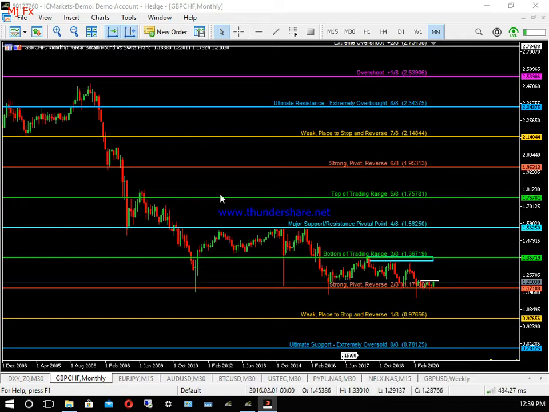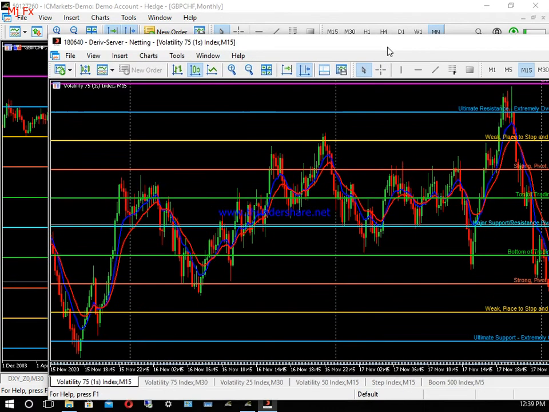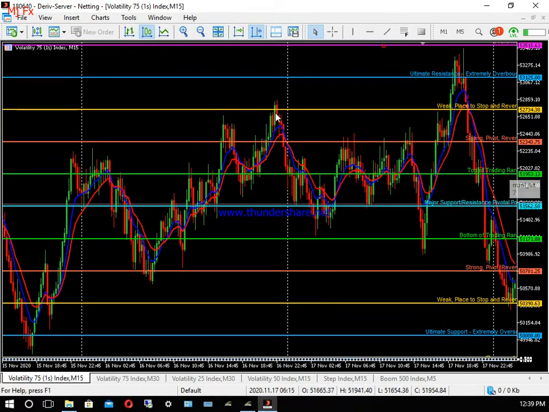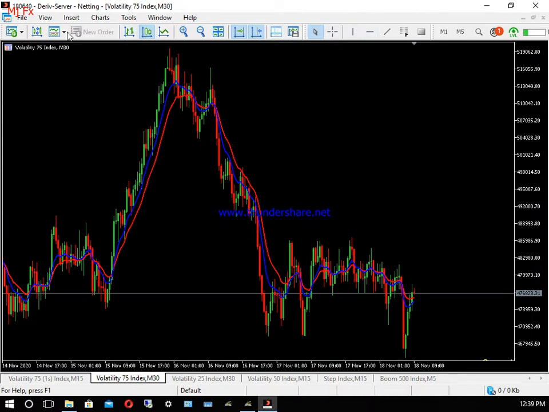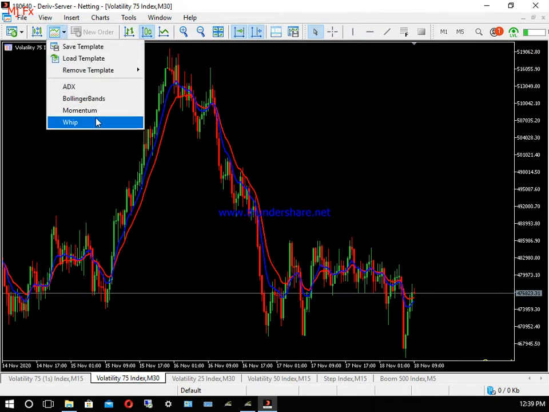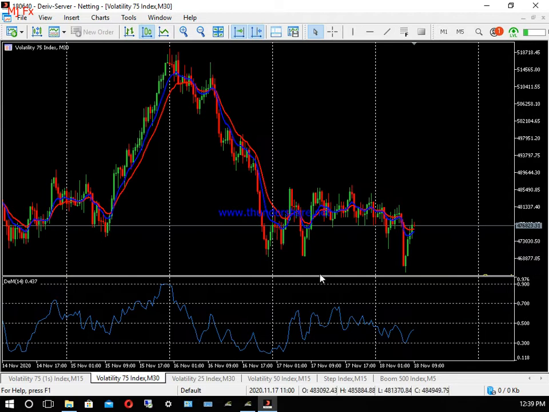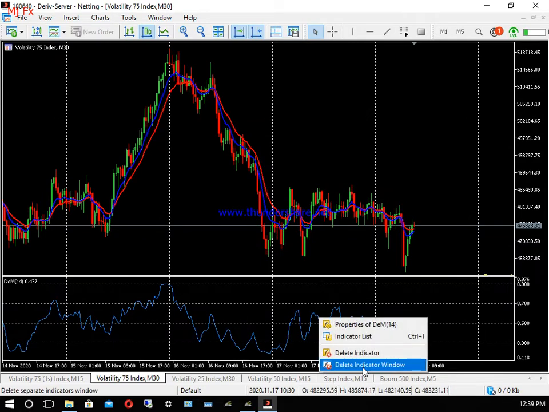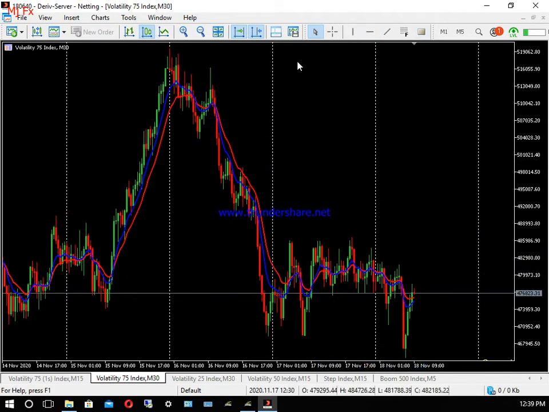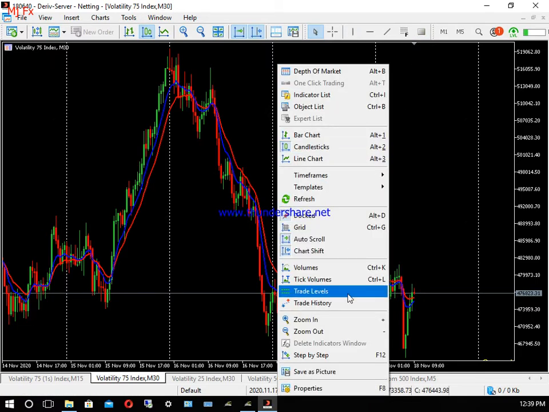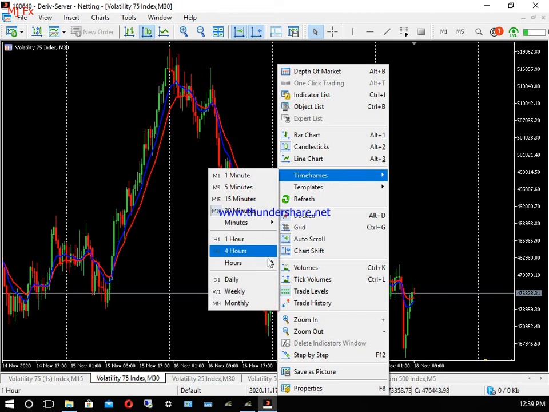I will also share with you the chart on V75. Let me bring it here, if you can see it. On the V75 index, the software is already applied. Let me remove these other indicators. If I go to the monthly chart, you see what this broker did to this software.